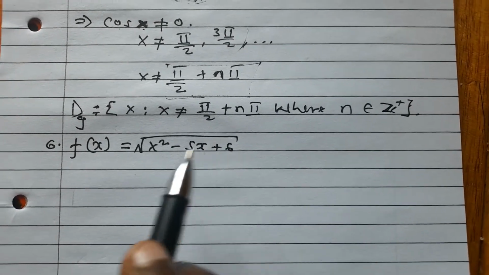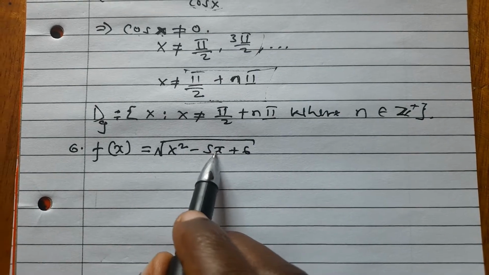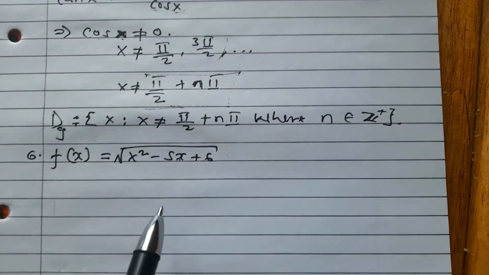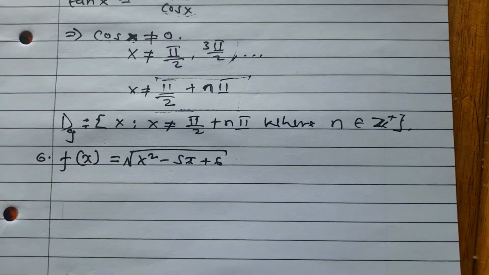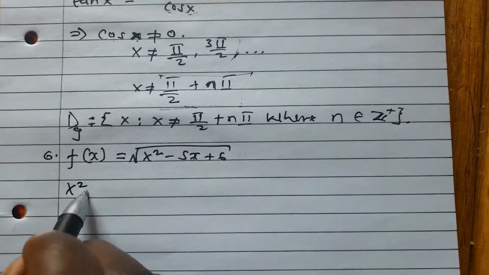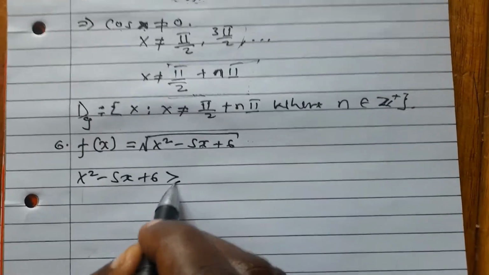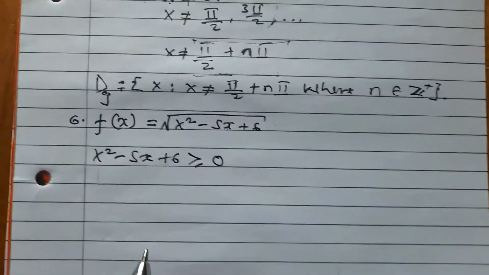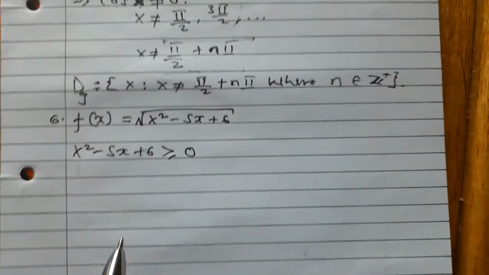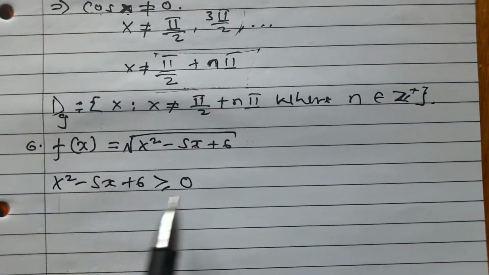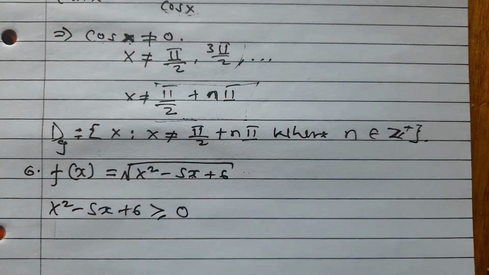So this means that x squared minus 5x plus 6 must always be greater than or equal to 0 for this function f of x to be defined. Now, let's solve for x here and see what the values are.